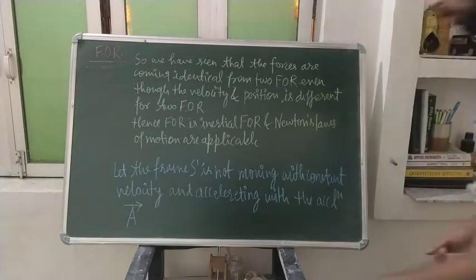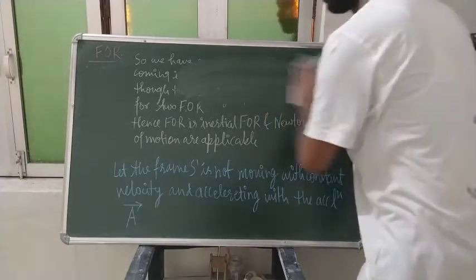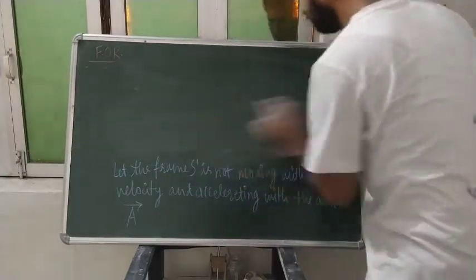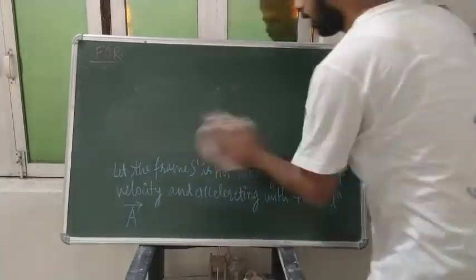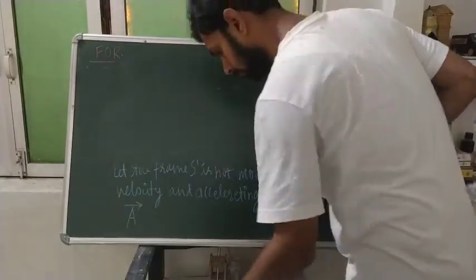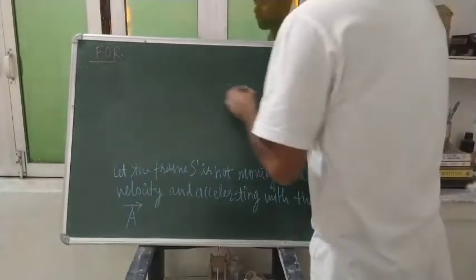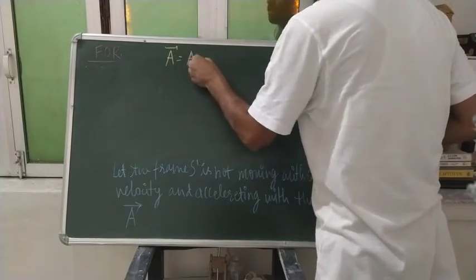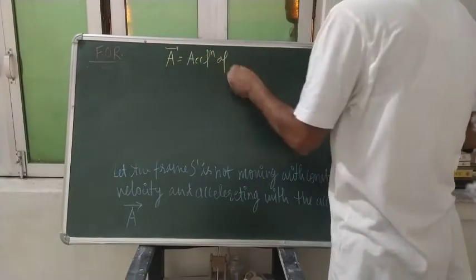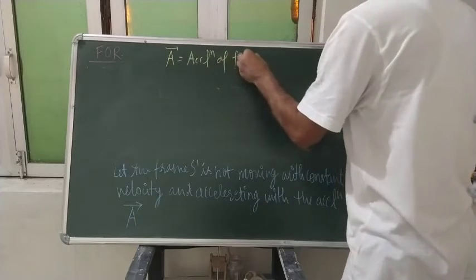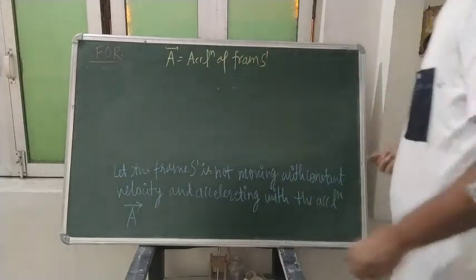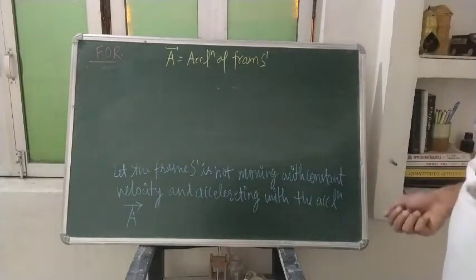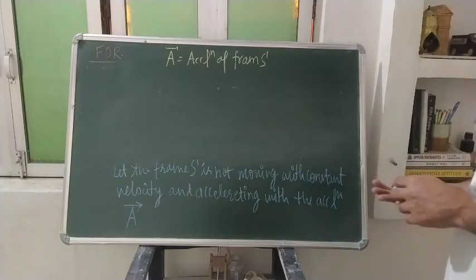You can have the screenshot quickly. I am rubbing upside. So now we are saying that capital A is the acceleration of frame S prime, and our velocity is not constant in this case.